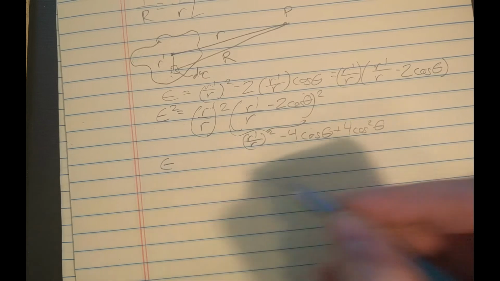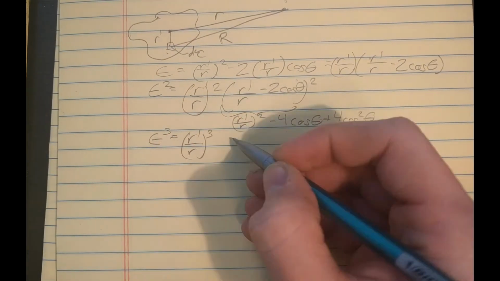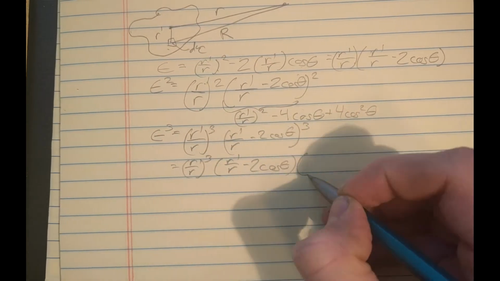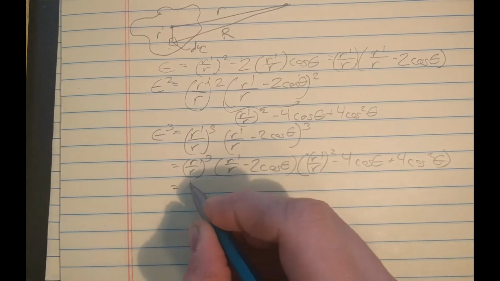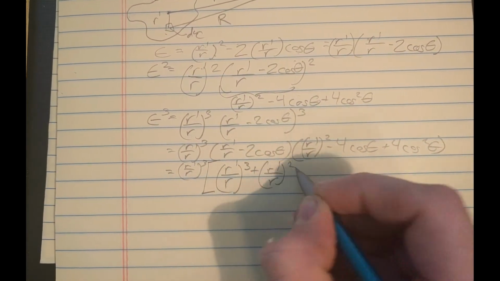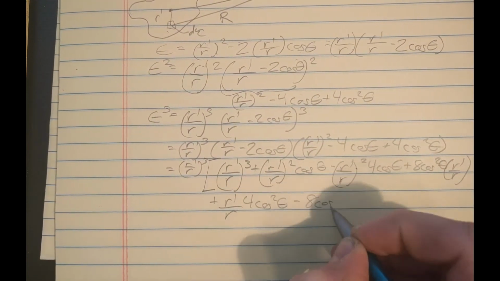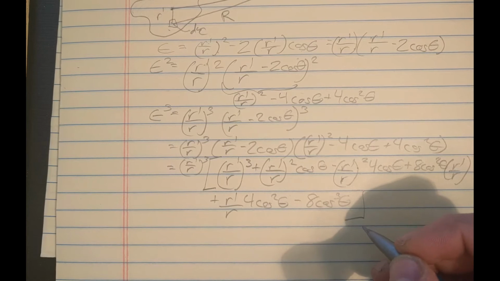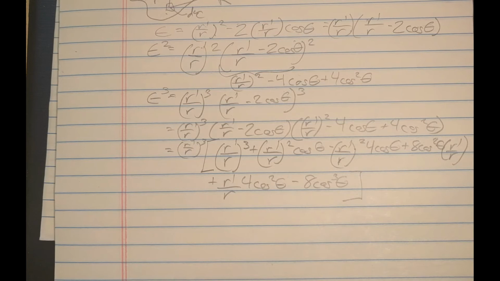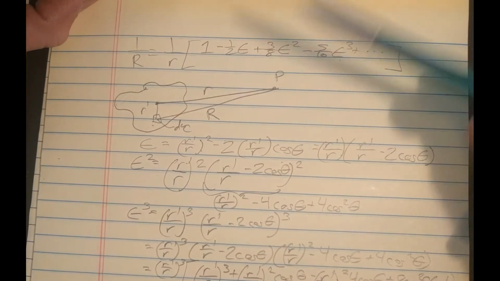There we found epsilon squared, now we're going to do epsilon cubed. Okay, so there's our epsilon cubed. Now we plug all of this back into our 1 over big R expression.